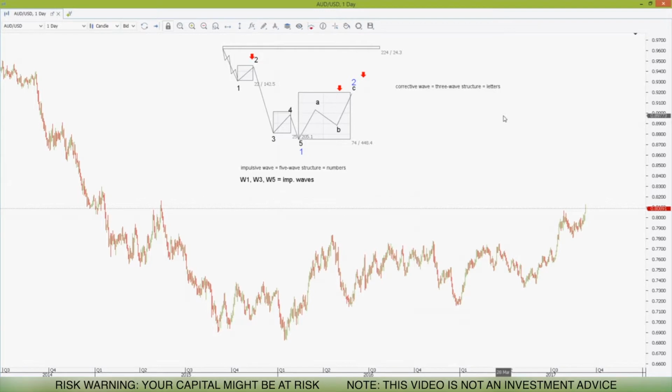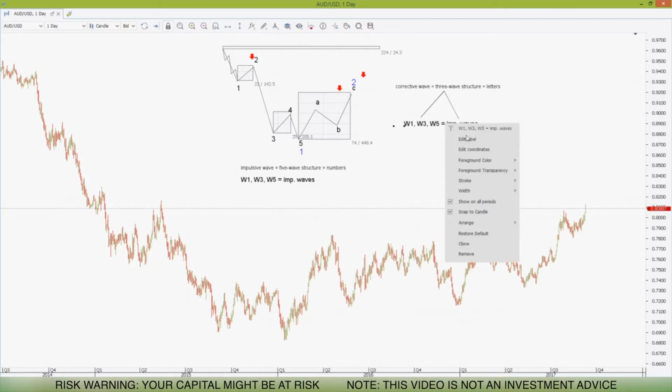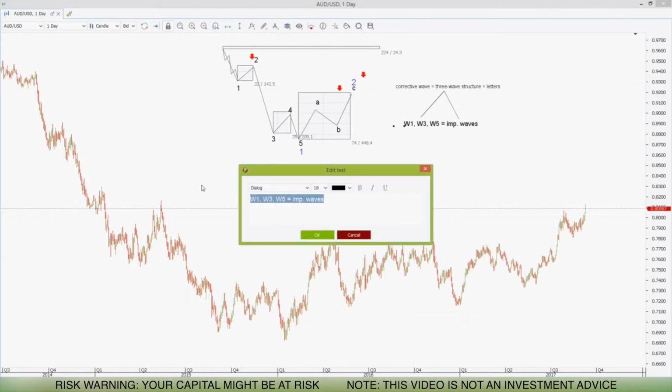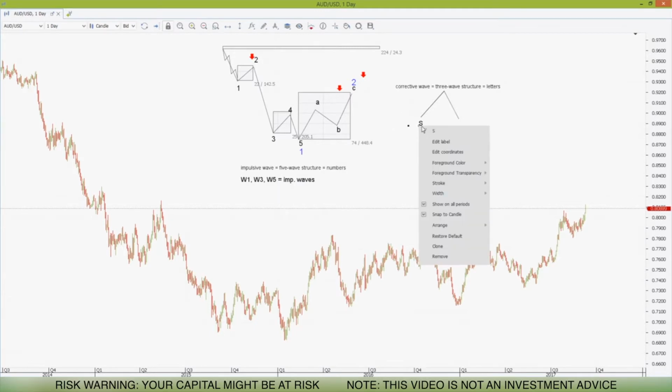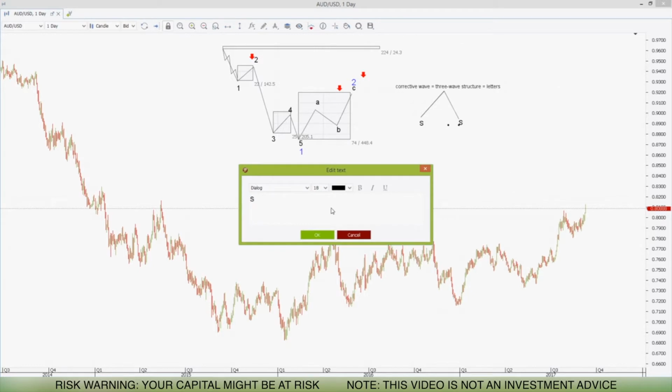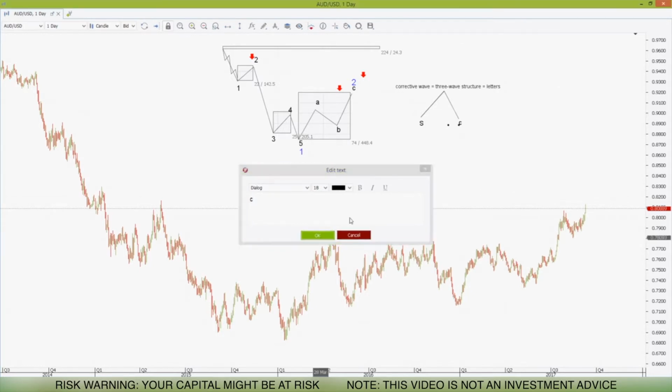Namely, Elliott further divided corrective waves into simple corrections and complex corrections.